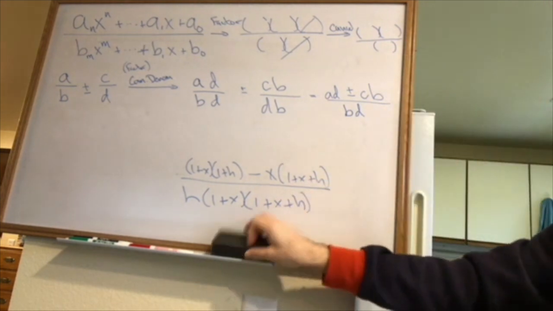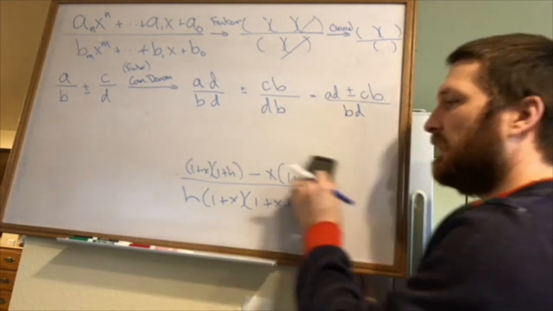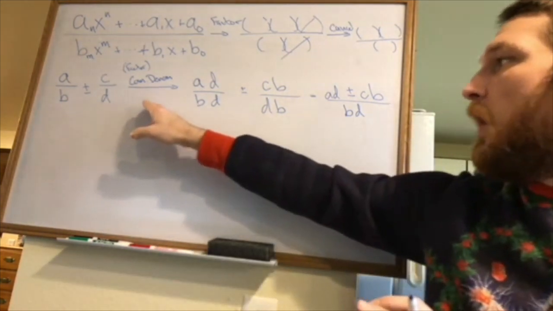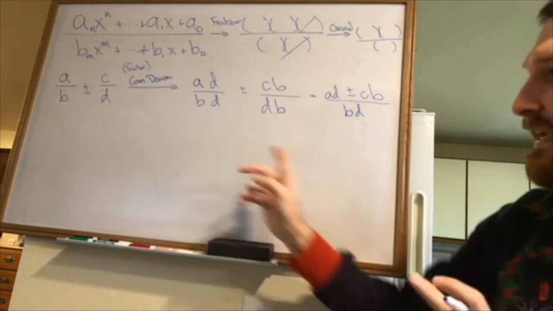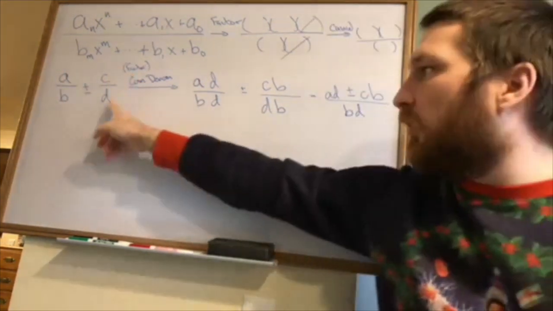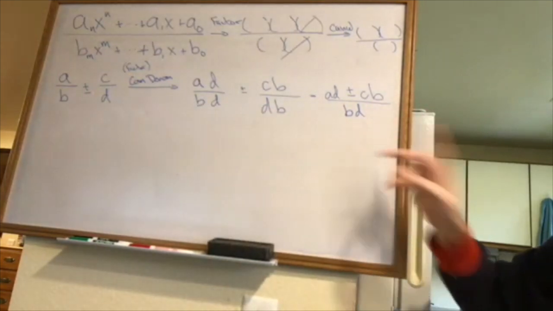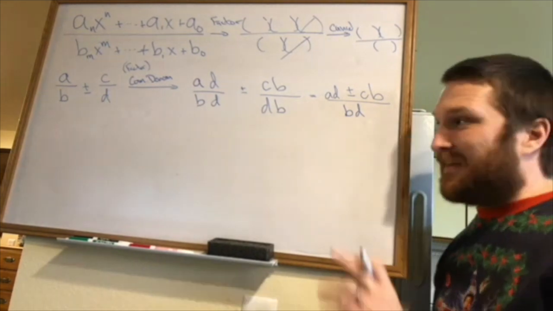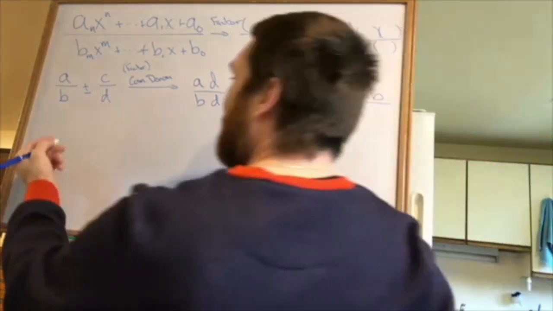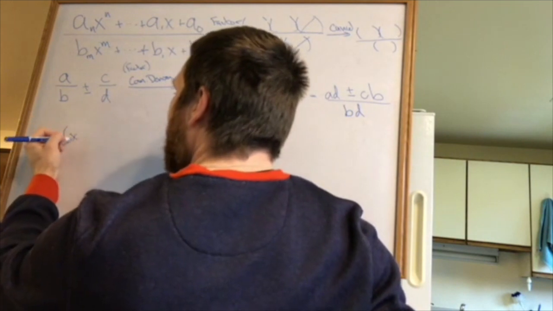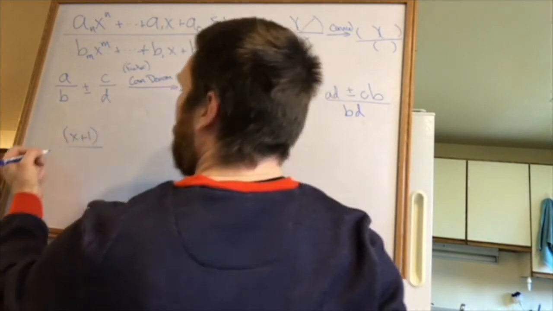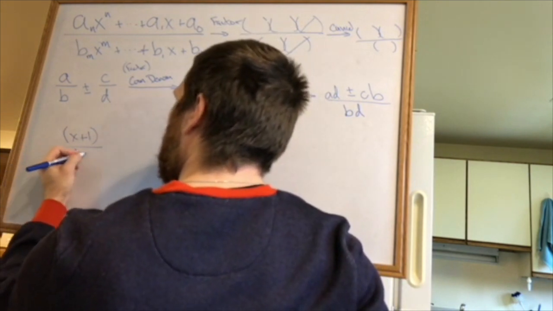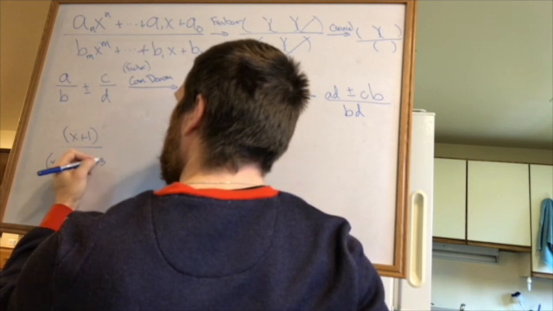One more thing I do want to say about this is I'm drawing a map for what to do. I'm not saying that whenever you see this, you plug it into this equation right here, because that's going to get really ugly. For instance, I just want to do this example real quick. If we had, say, x plus 1 over, let's go x plus 2 to the third power times x plus 3.